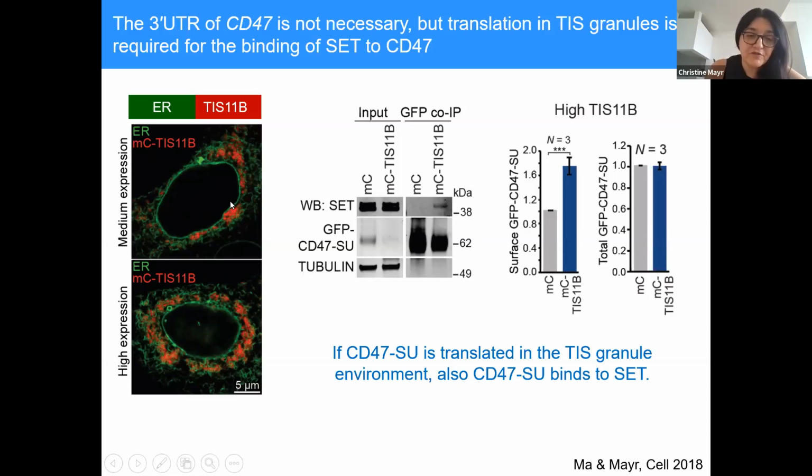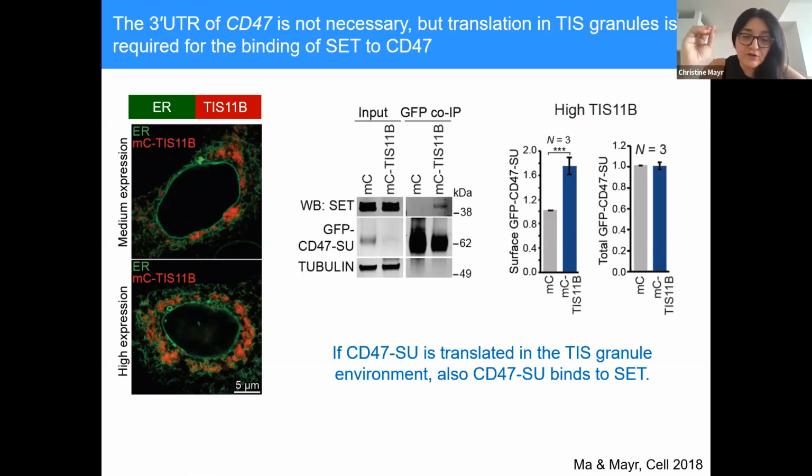However, as I showed you before, there are cells that have a high endogenous TIS11B expression, and they have this ring of TIS11B in the perinuclear region, where the whole perinuclear ER is covered by TIS granules. We call the ER domain that is covered by TIS granules the TIGER domain, for TIS granule ER domain.